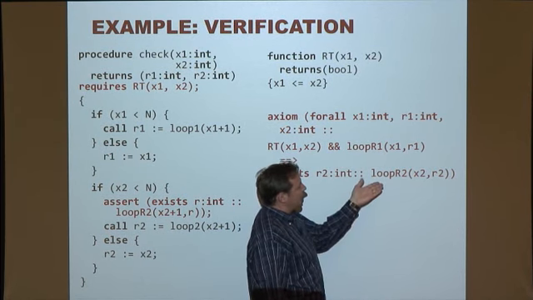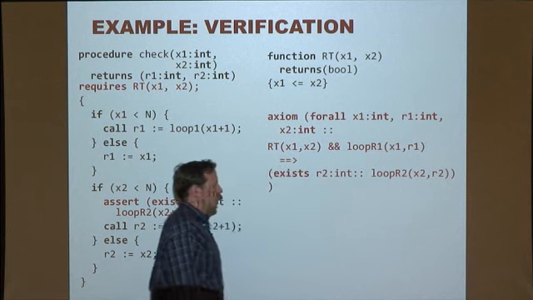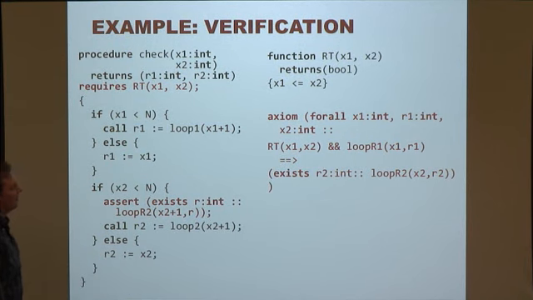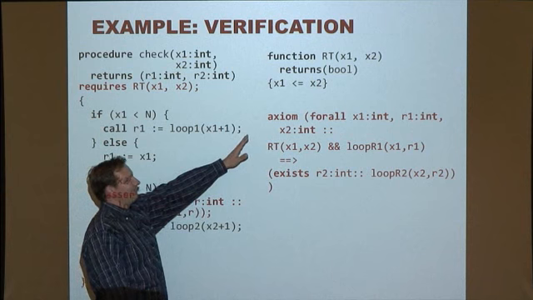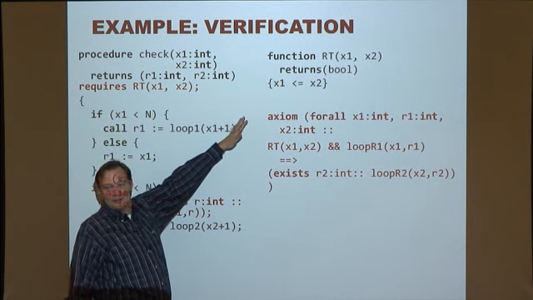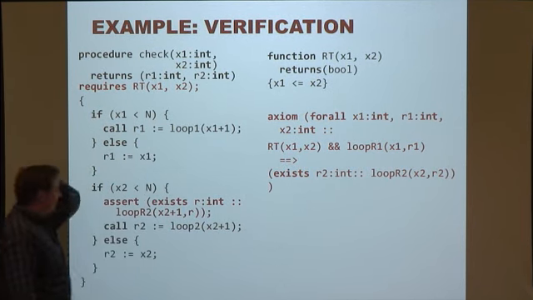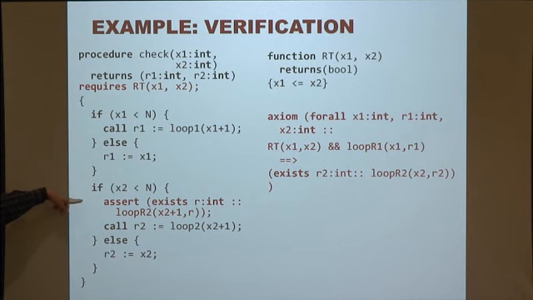This is encoded using these summary relations. How come that's an axiom? Yeah, because this is an assumption, and you check it here. So there is, I guess, induction happening here.